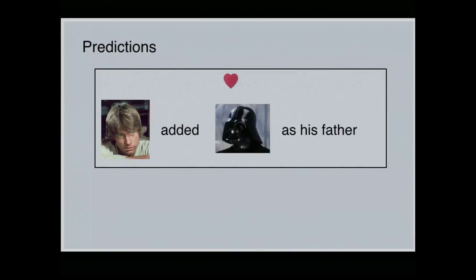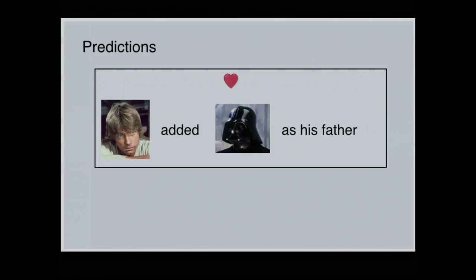Okay, so the example that Joaquin gave here is actually timely given Star Wars is coming out soon. Basically this is a possible story on Facebook. For those of you that are unfamiliar, one thing you can do is associate some relationship that you have with another user on Facebook.